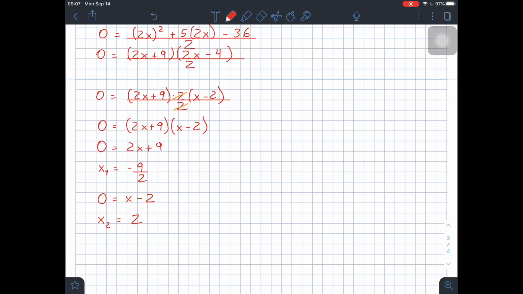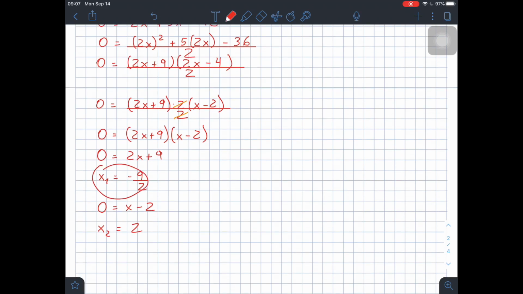Okay, now we need to analyze whether both of these results are valid or if one of them is not valid. Okay, I see that, for example, this is a negative number, and this is the same as saying negative 4.5, right? If we write it as a decimal number.